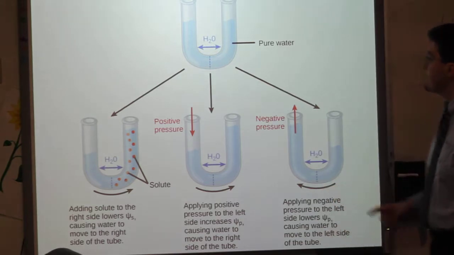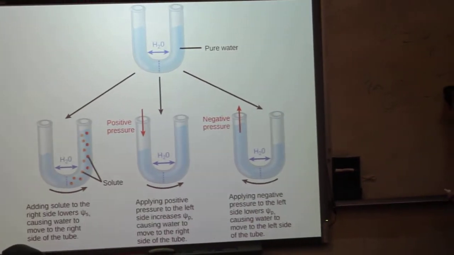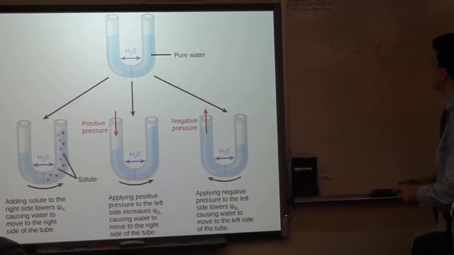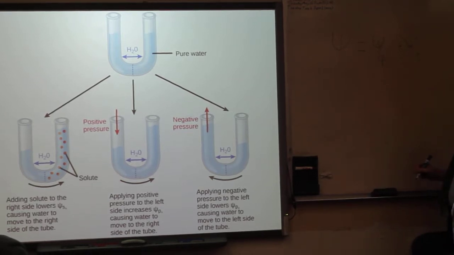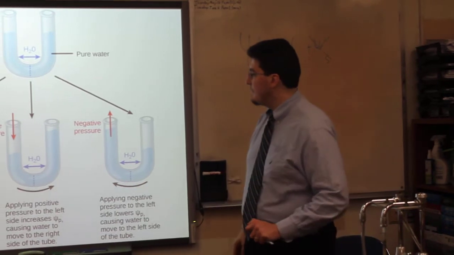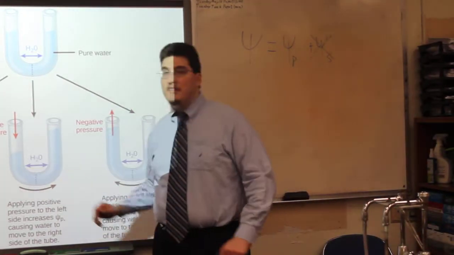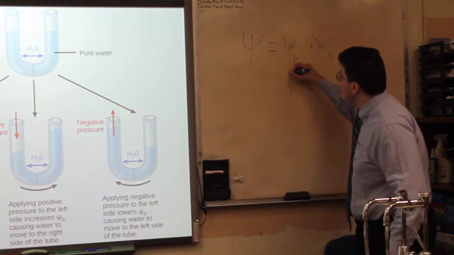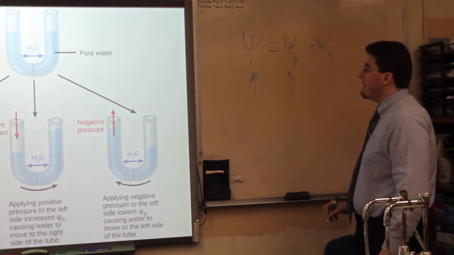Now, let's take a look at how pressure deals with this. So let's discount our solute potential for a moment. We have pure water on both sides. If I apply pressure to this side of the tube, my pressure potential goes up, my water potential goes up.